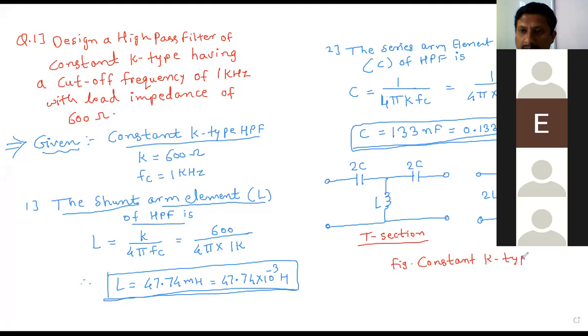Constant K type high pass filter here. So mention the values of L and C easily. Here we can mention 47.74 millihenry for inductor L. For capacitor here, 0.133 microfarad, or you can mention 133 nanofarad. Next, 2C. 2C means double of this. Calculate.